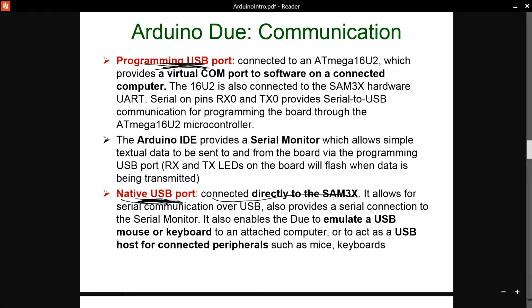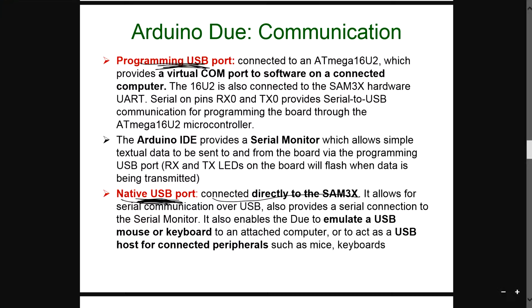The next thing that I want to convey is that the programming USB port allows you to program your stuff, and the board will flash a light and the data will be transmitted. For the native USB port, you connect directly, and you can straight away control your board. Therefore your native USB port can be used as a USB mouse or keyboard to an attached computer.